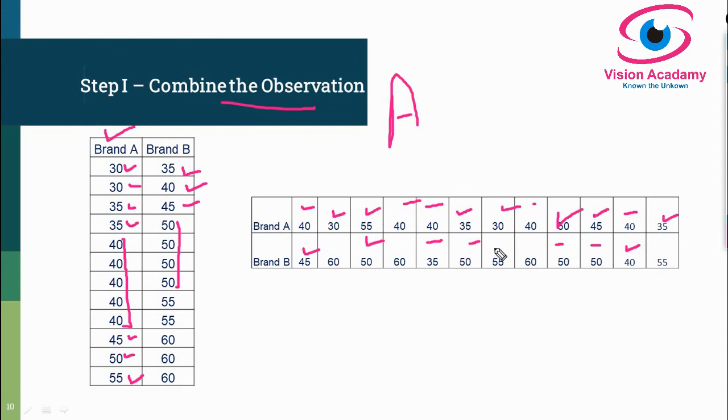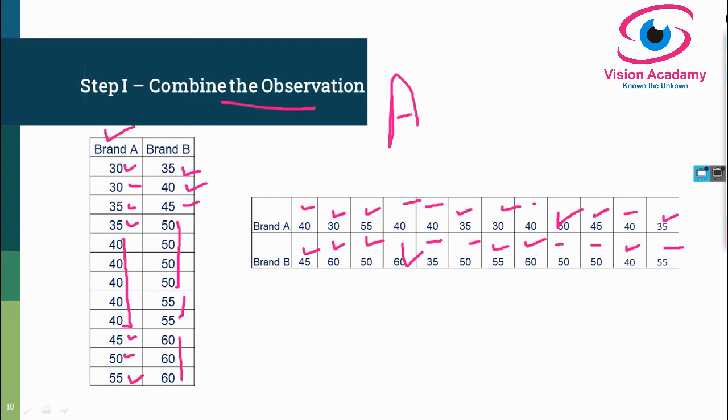After 50 we go to the next largest value, that's 55. We have two 55s here, so two observations are entered. After 55 the next highest observation is 60, a second 60 and a third 60. So three values are also listed here.